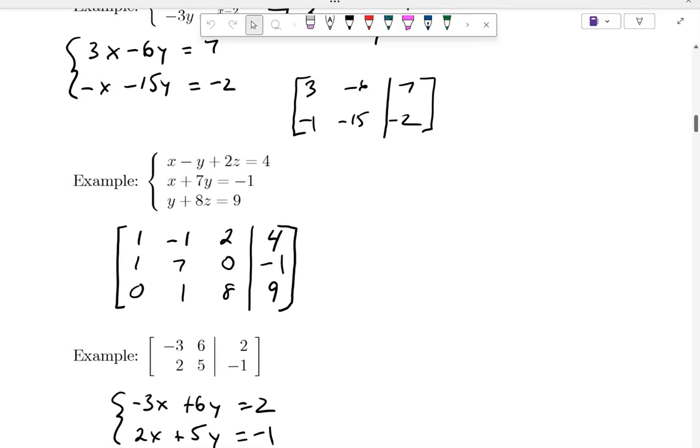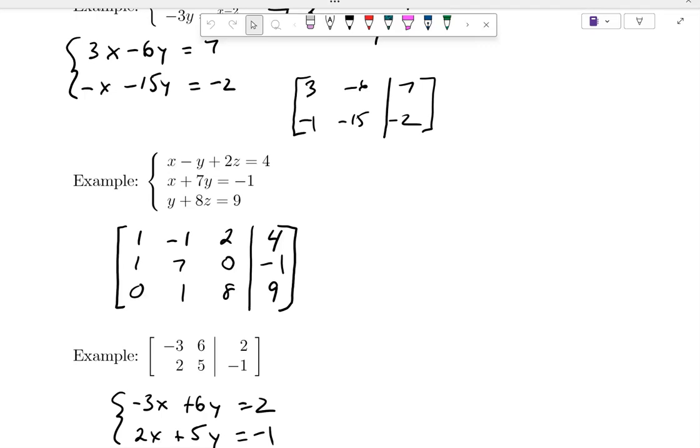In our first column, these were all the coefficients for the x's. In the second column, these were all the coefficients for the y's. In the third column, these were all the coefficients for the z's. The vertical bar represented our equals, right? And on the right side, we had the constants.